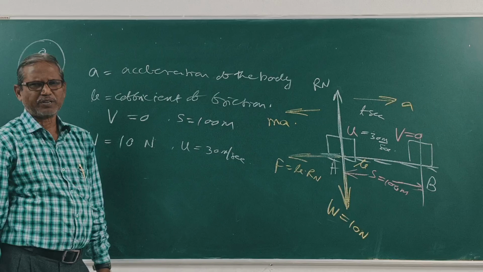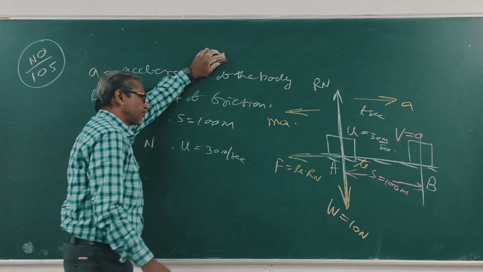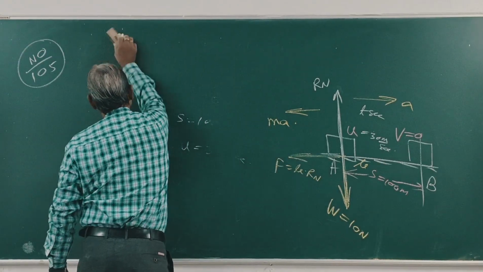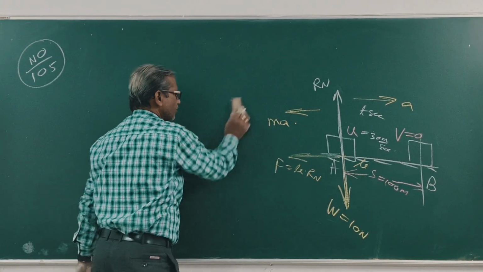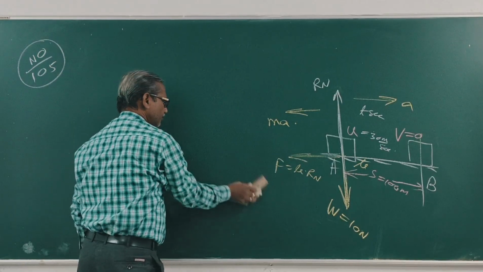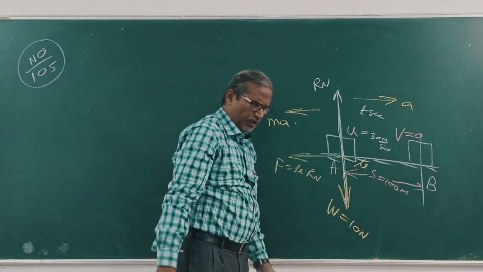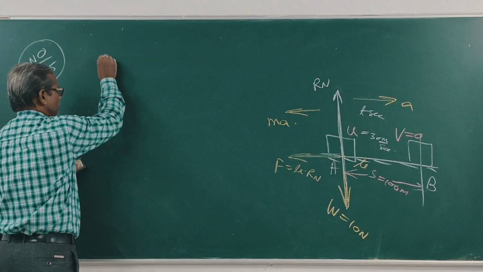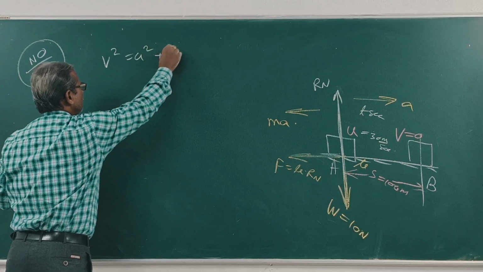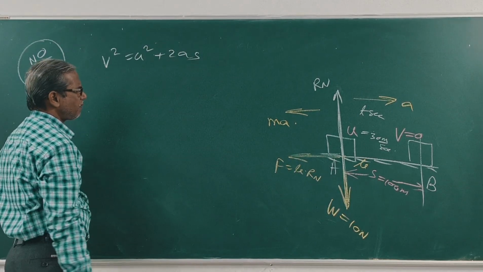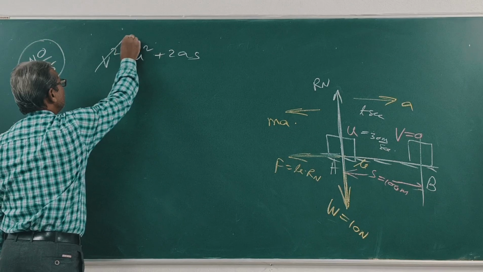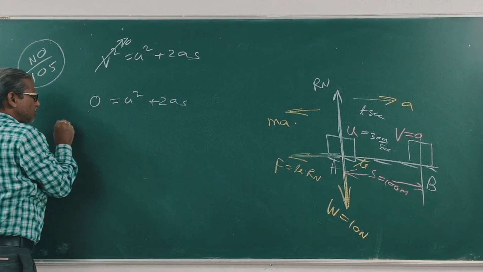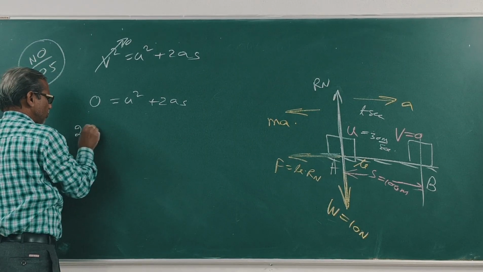Now, this is the figure. What is V square equal to? Now V square is the equation of motion. V square is equal to U square plus 2AS. V is 0. So 0 is equal to U square plus 2AS. So 2AS is equal to minus U square, minus 30 into 30.